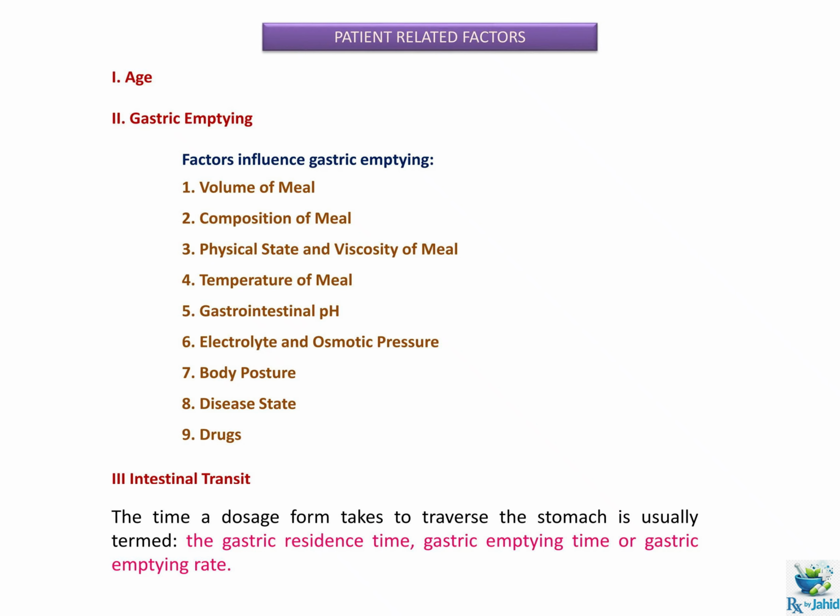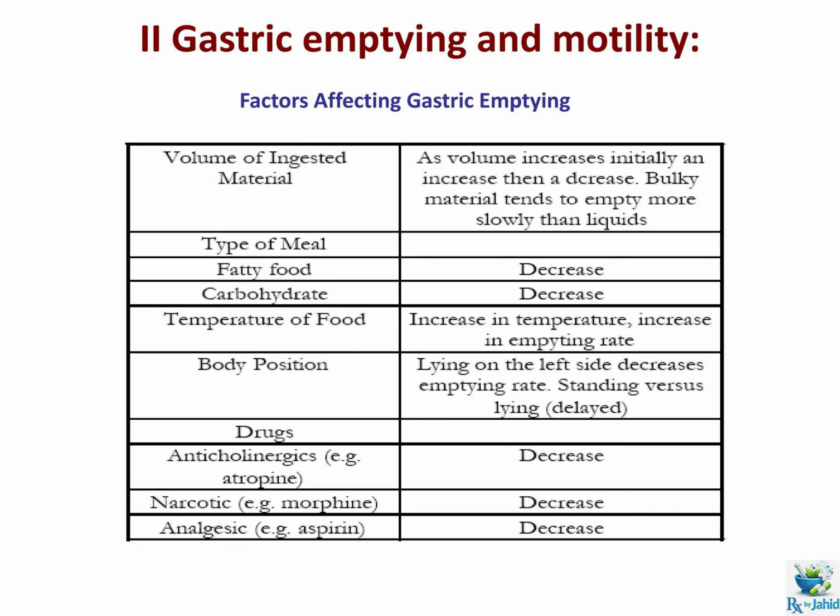So these are some patient related factors regarding the biopharmaceutical absorption of the drug in dosage form. We'll discuss this one by one. Gastric emptying. Factors affecting gastric emptying include the volume of the ingested material, then fatty and carbohydrate food will decrease the gastric emptying.